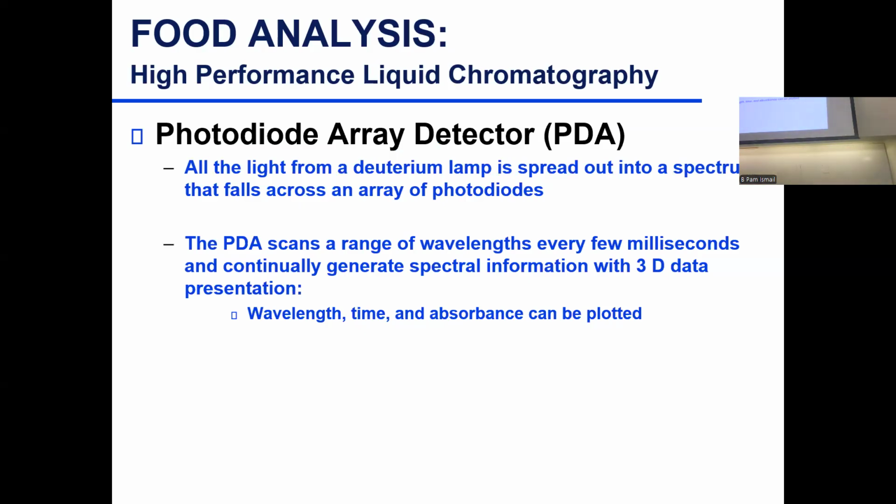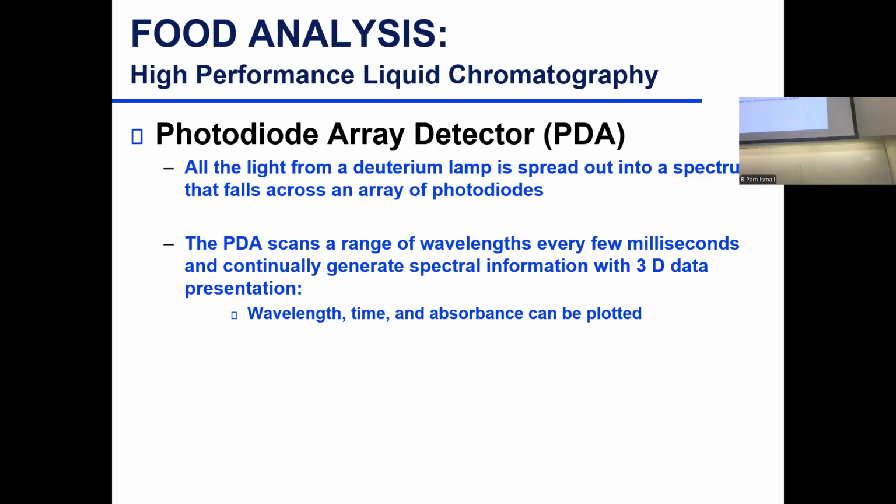Three-dimensional data means you get two kinds of outputs. One is the two-dimensional view, where here's time, here's absorption. And then at every fraction of a second, 0.01 second, you get another window that shows you absorption over lambda, in nanometers.